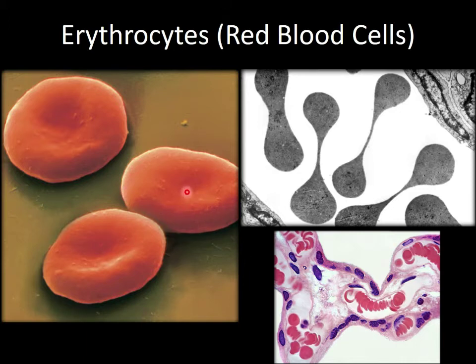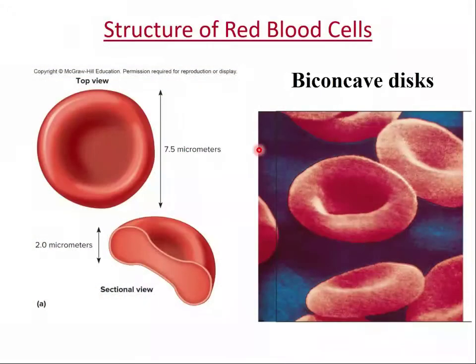So this indentation allows the red blood cells to fold and pass through capillary vessels and small vessels. When you see this type of shape, know that these are the red blood cells. It's called a biconcave disc. It's concave on both sides, having the biconcave or donut shape.